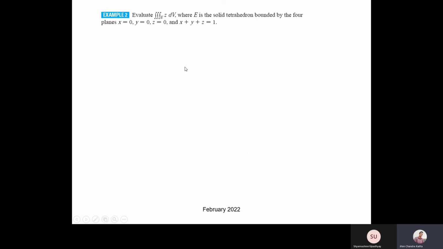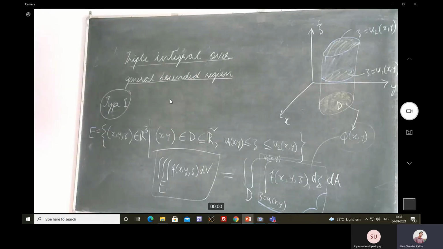You have to evaluate the integral of z dV, where E is the solid tetrahedron bounded by four planes: x equal to 0, y equal to 0, z equal to 0, and x plus y plus z equal to 1. Once we deal with this type 1 region in 3D, we will move to type 2 and type 3.